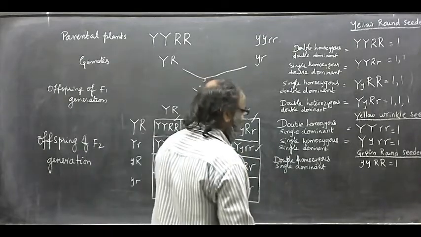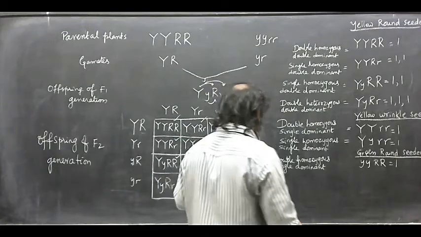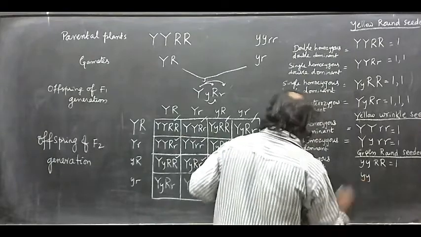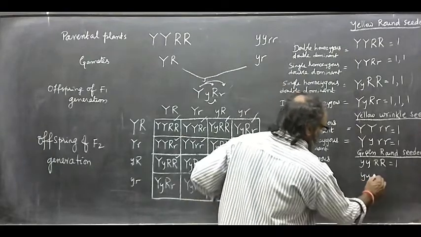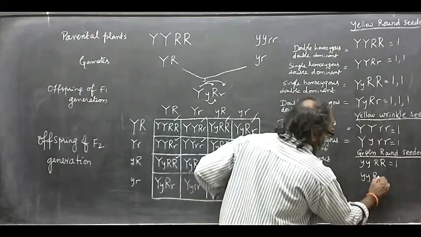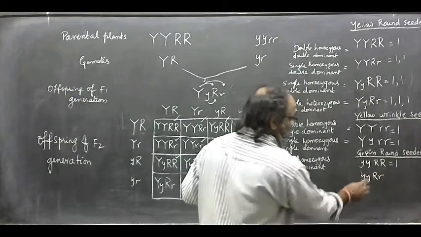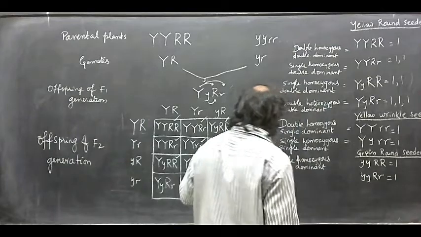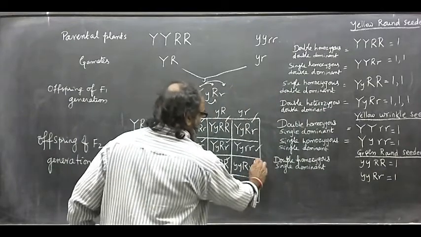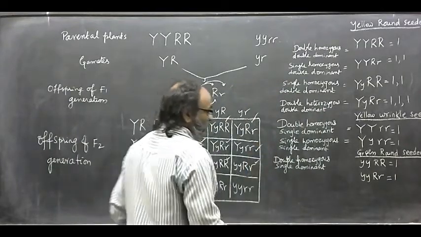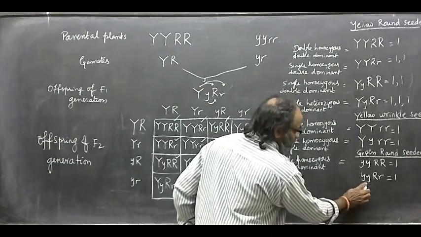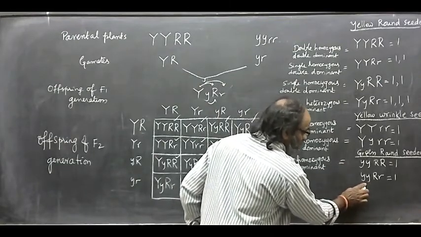Now observe the next case. The next case is again small y, that is green round seeded, capital R, small r. Green round seeded, so we got one of this pattern. How can you read this? It is single homozygous.